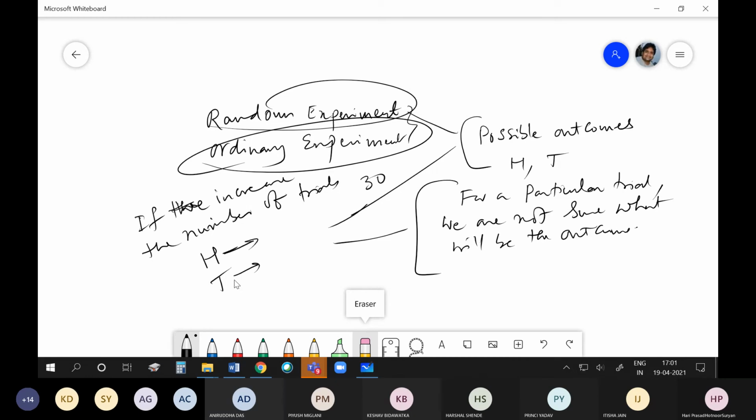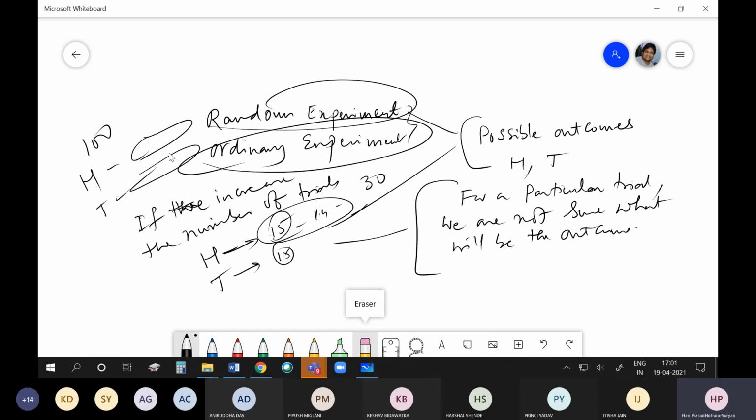Half. That means it will be going towards 15. You may get 14 or 16, but it will be in and around 15. Similarly, if I do it 100 times, the outcomes will reach a particular value, and as a probability it will be reaching 0.5 and 0.5.